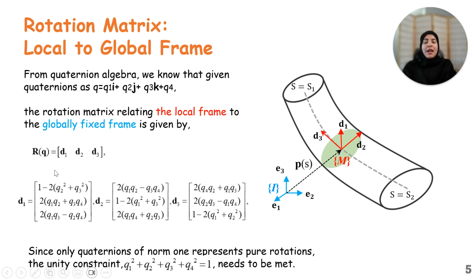As you see, matrix R includes three columns, each a three-dimensional unit vector. One important thing is that since only quaternions of norm 1 represent pure rotation, the unity constraint needs to be met.